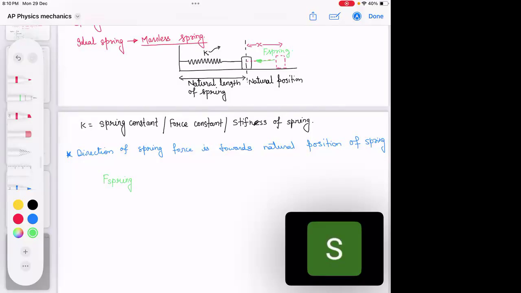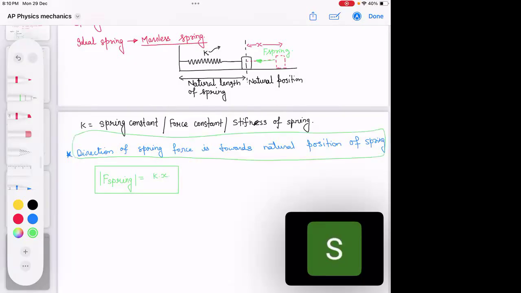That's why the spring force is kx, where k is the spring constant and x is the elongation or compression in the spring. Is that clear? So the magnitude of a spring force is kx. And the direction of a spring force is always towards what?